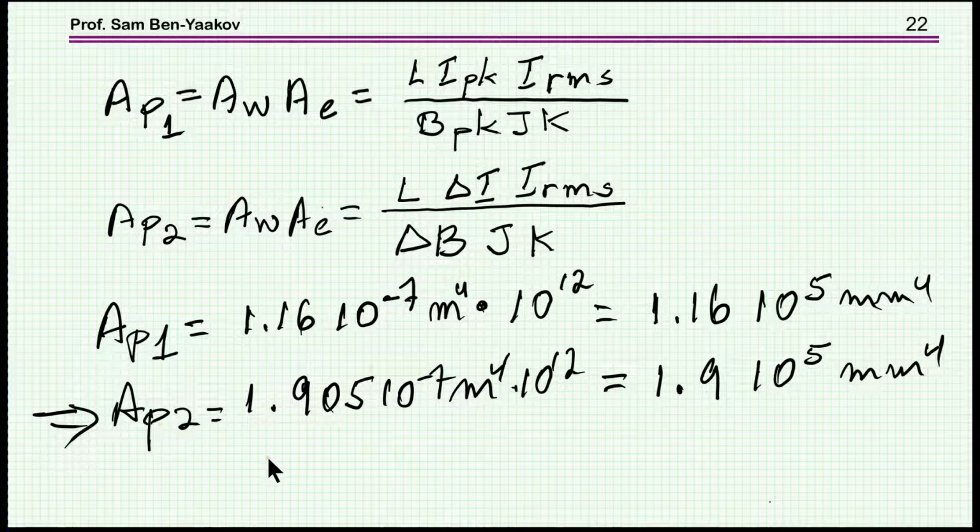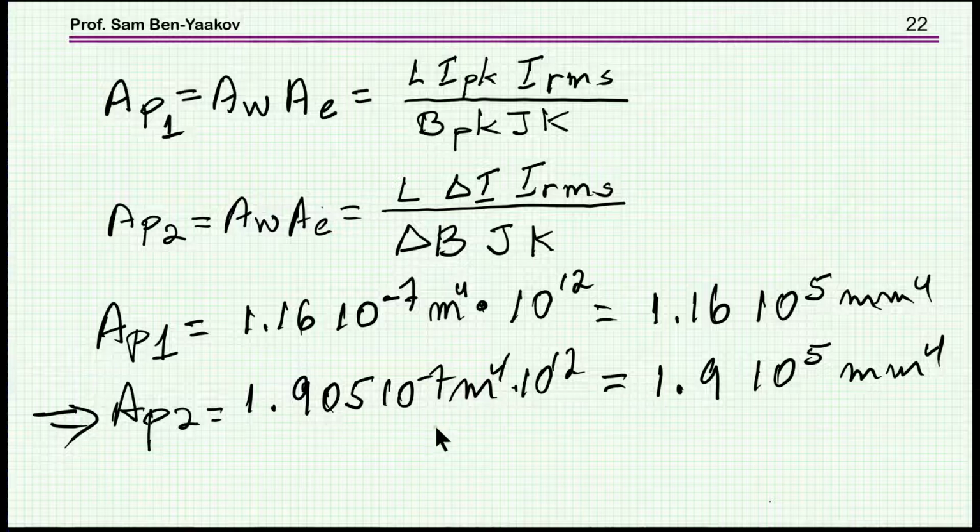So AP2 is the largest, and now I have the task of looking up catalogs of cores and looking for a core that will have an area product AP larger than this value.